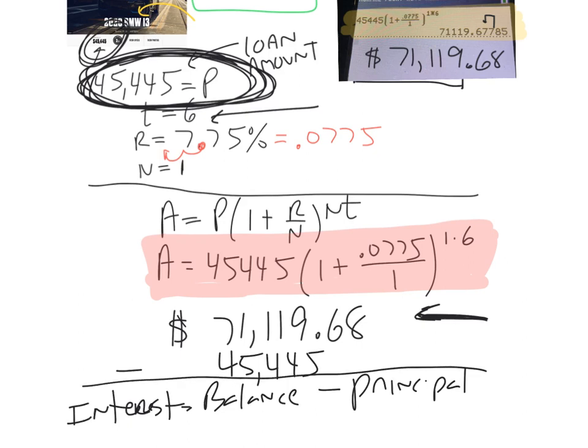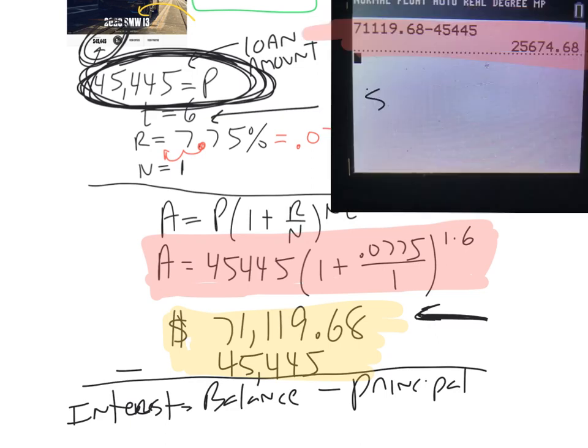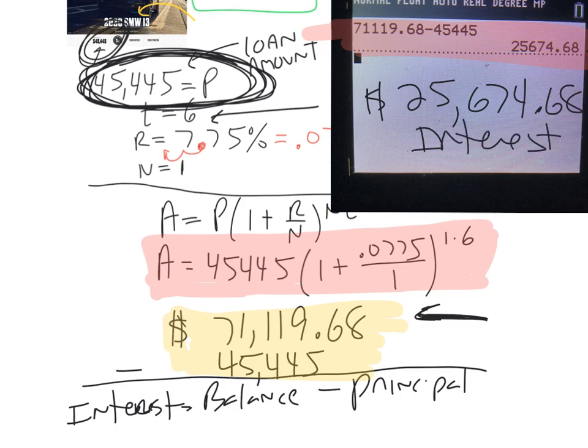So we're going to do this subtraction, and that's going to tell us how much extra money we paid the bank back. So here in interest, we're paying $25,674.68. That's how much in interest this loan is costing us.